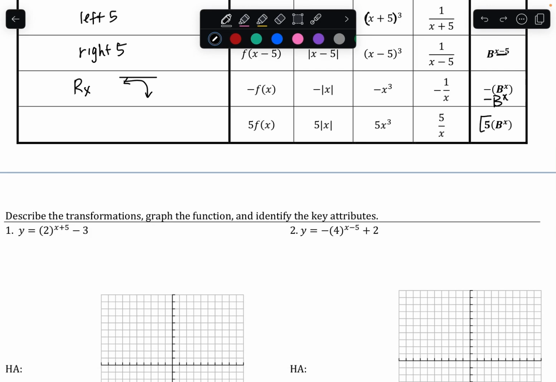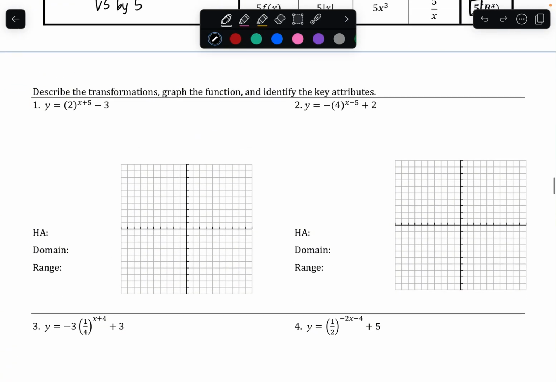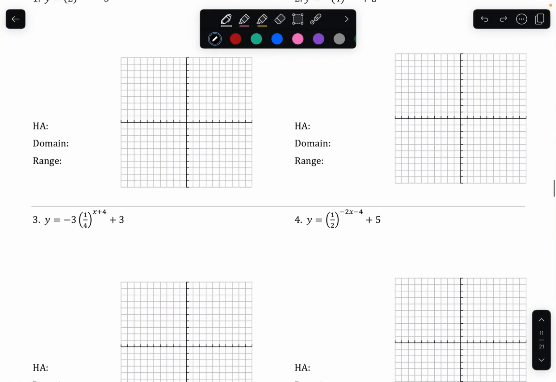Okay, this scale factor outside would be your vertical stretch by 5. And then if you had the 5 inside, that would be your horizontal compression by 1/5. Okay, and so we're going to start with some easy examples and then work our way to the harder examples.